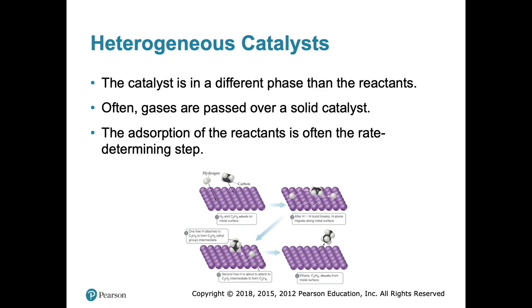And when you have this heterogeneous catalyst, the platinum stays platinum. It's still a metal, a solid, but the gas is still gas too. So they're not the same phase. In homogeneous catalysts, they're the same phase, but in heterogeneous catalysts they are not. We have a gas here, we have a solid here.